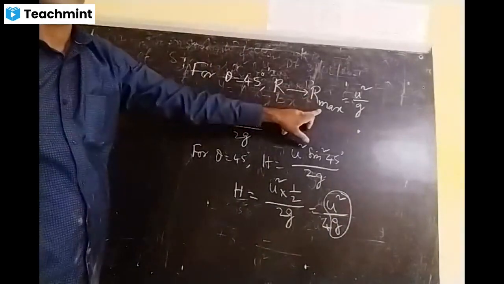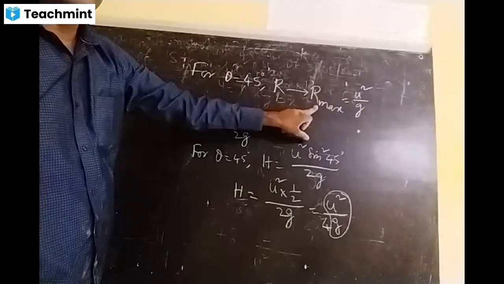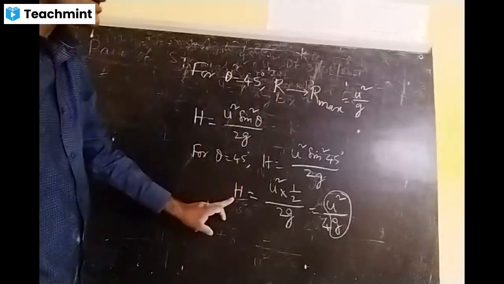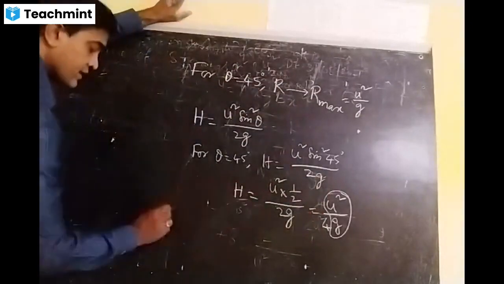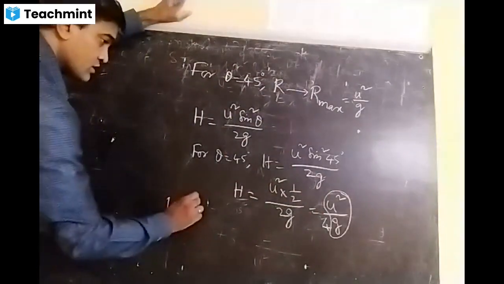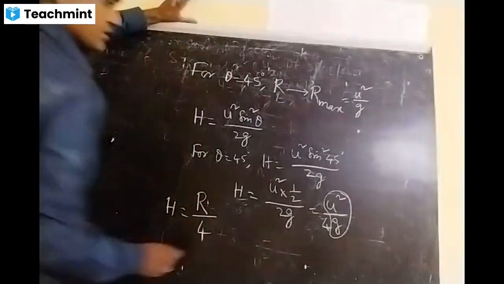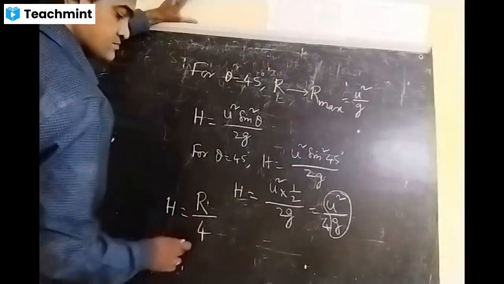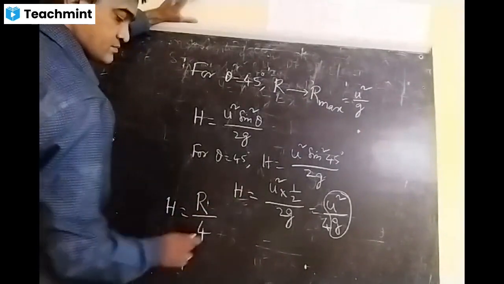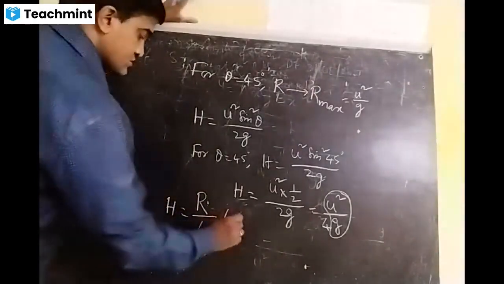Maximum range. Now I can find the relation between this maximum height and maximum range: h is equal to R by 4, when theta is equal to 45 degrees.